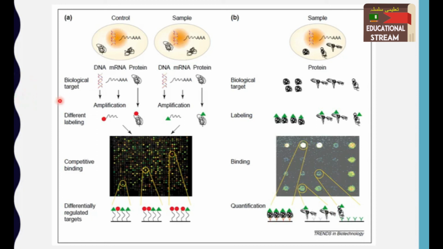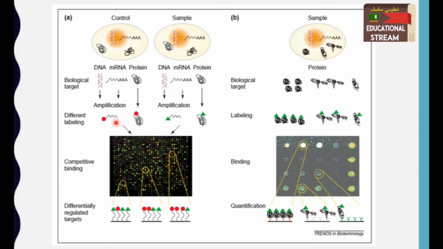Equivalents of the proteome, for example messenger RNA, protein or DNA from phenotypically different sources, are isolated and then subjected to cross-match analysis. These isolated molecules are labeled differently, either with a radioisotope or a fluorescent dye. So here you can see the sample is labeled with the fluorescent dye.